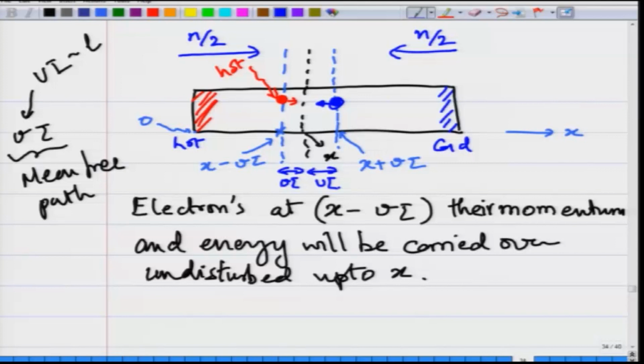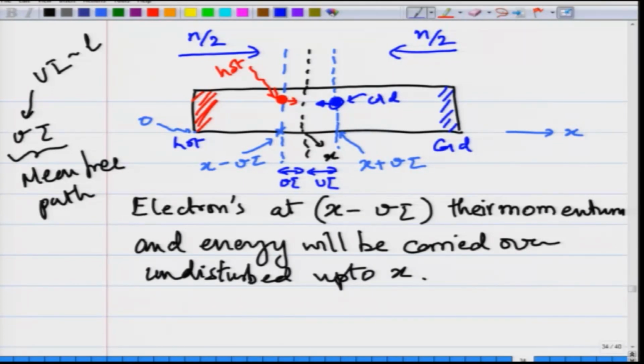So, from either end, the hot electron and the cold electron, if you are within v times tau of this distance, whatever is its energy will be continued and it will move up to x. Similarly, the cold electron which is present at x plus v times tau, you have a flux of cold electrons in this direction, they will move in this direction and contribute to the net heat flow.